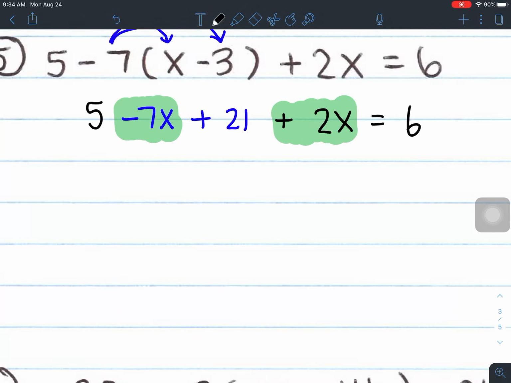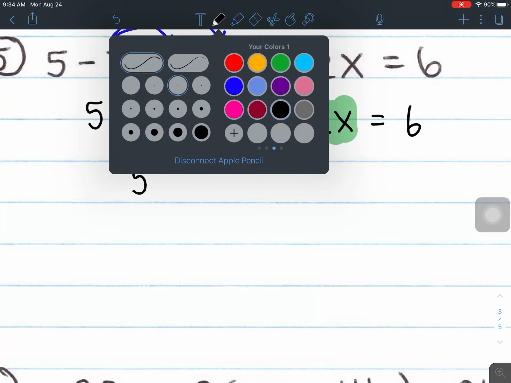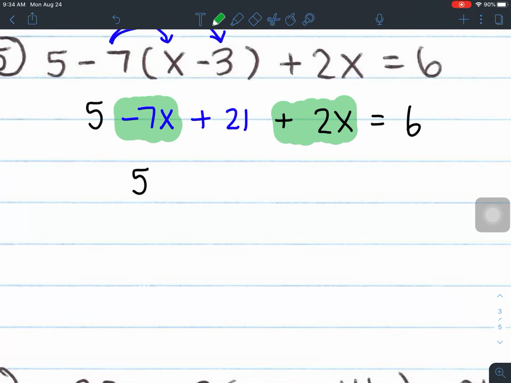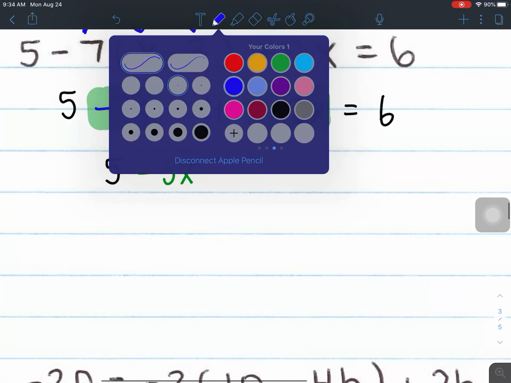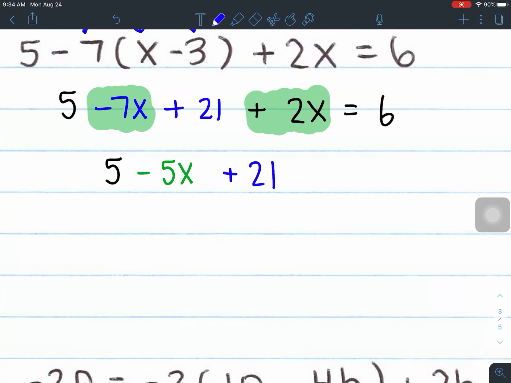Negative 7 plus 2, you just type it in the calculator like you normally would, but I'm going to go ahead and write down 5 here. And I'm going to combine those. Negative 7 plus 2 is going to be negative 5x. If I have negative 7 and I want to add 2 to that, it becomes a little bit more positive, but it's still negative 5. And then I'm going to say plus 21 equals 6.